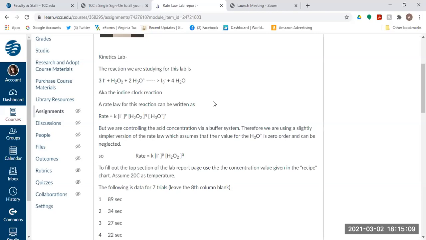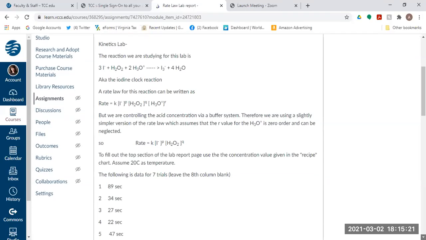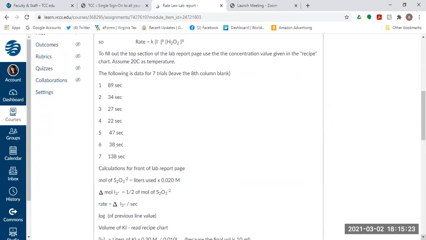So we're going to simplify it down to rate equals k, iodide to an exponent, peroxide to an exponent. When you read the recipe chart that is 2 pages back from the report, you indicate what the concentrations are, just make them match the information in the recipe chart.